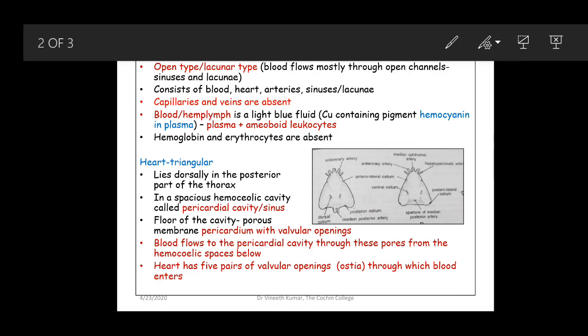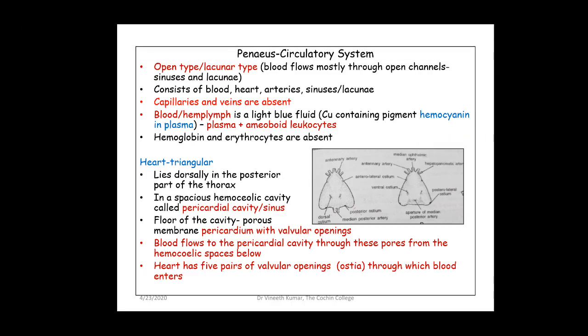So from the surrounding hemocoel, it enters the pericardial sinus through the valvular membrane. From the pericardial sinus through the valves in the heart, it enters the heart. So this is regarding the structural details of the heart.